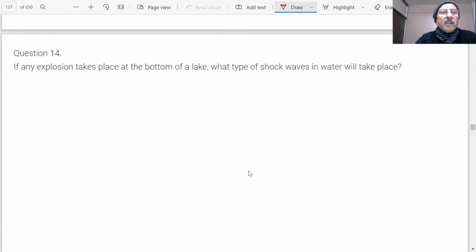Another question is, if any explosion takes place at the bottom of the lake, what type of shock waves in water will take place? Explosion at the bottom of the lake. The sound does travel in water. What type of shock waves are there in the water?